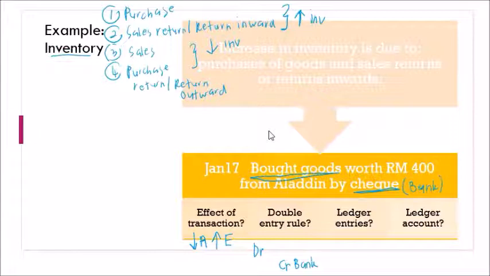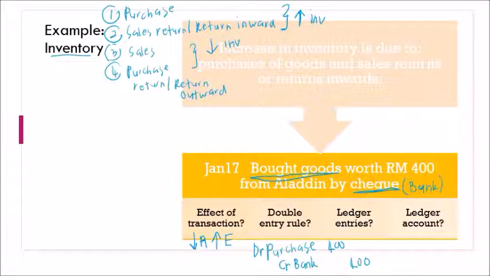See, ADE, it increase on the debit side using purchase account. Okay, so what is the amount? 400. Okay, so these are the journal entries.